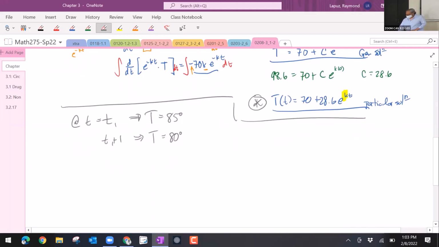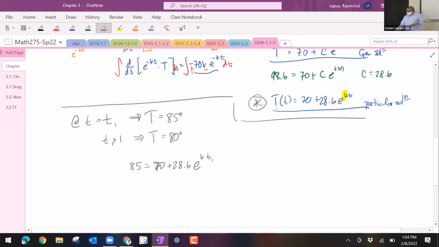So in our first equation, the temperature is 85, which equals 70 plus 28.6 e to the k times t1.